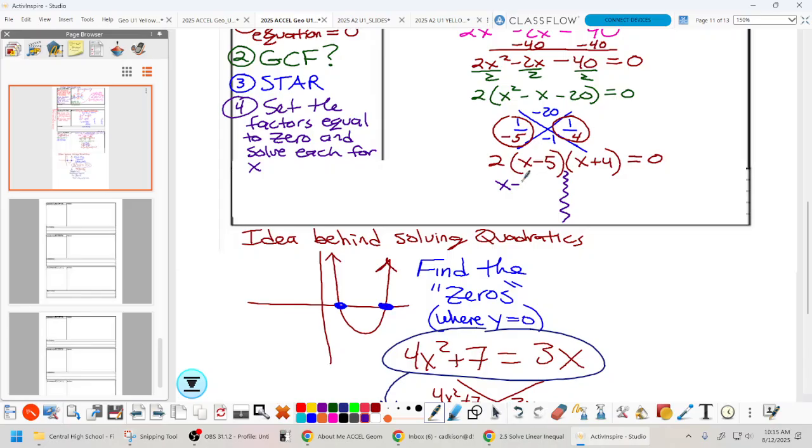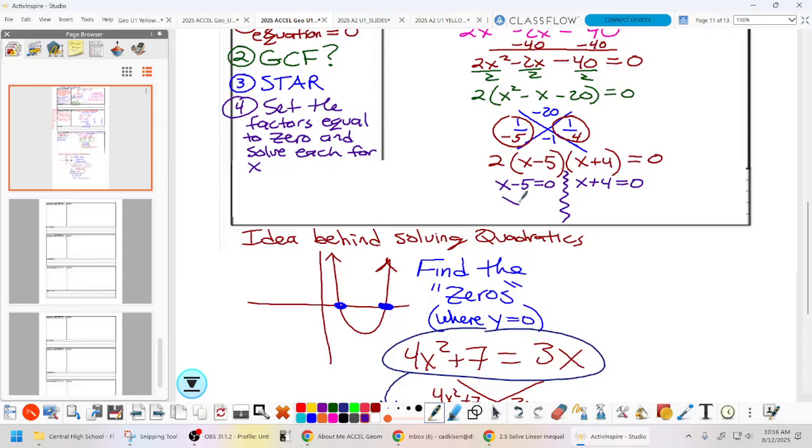And we're going to say x minus 5 equals 0, x plus 4 equals 0. Now just solve those. Those are like the easiest equations you've ever solved in your life. So what does this one give? What value of x makes that 0? Like add the 5, right?